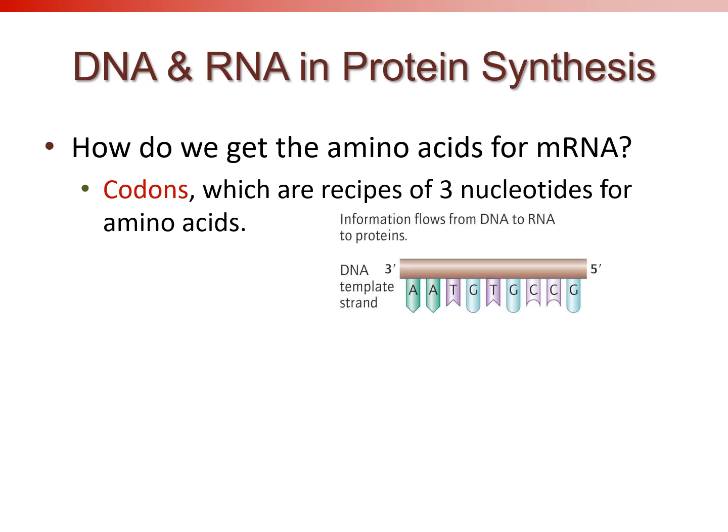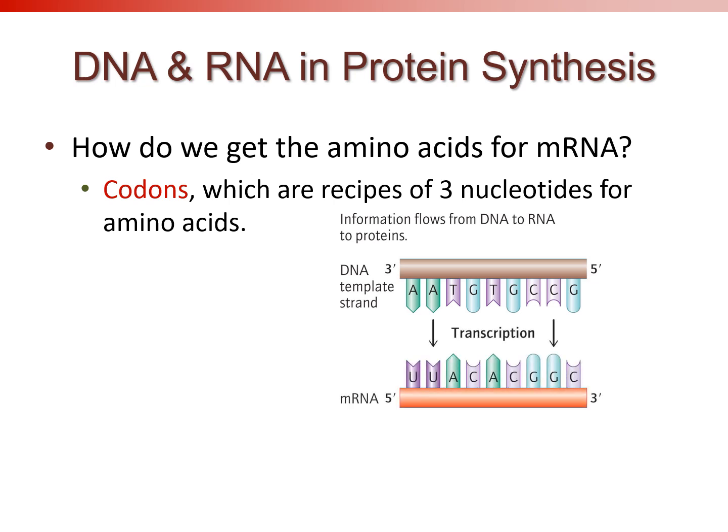So if this is our DNA template, we've copied our messenger RNA, looks like that. So we can see we have UUA and CAG and GGC. Each one of those 3 base pairs, that's a codon, and it means I'm looking for a particular amino acid. CAG is another codon.